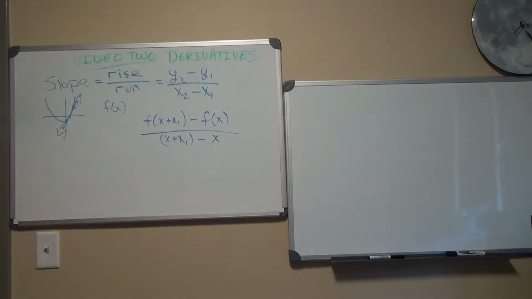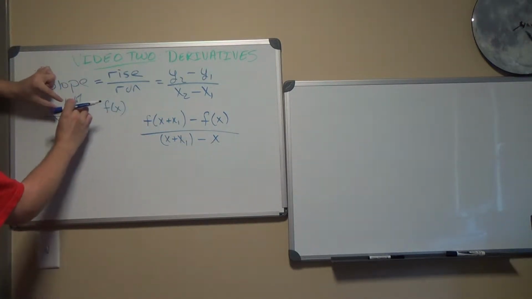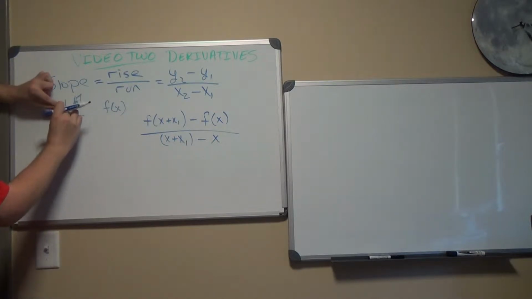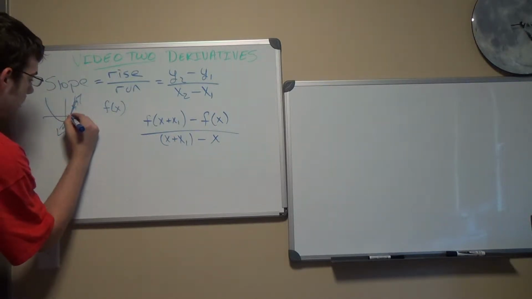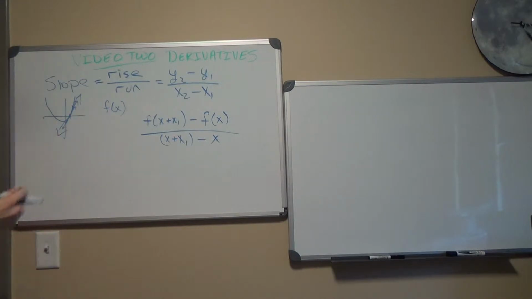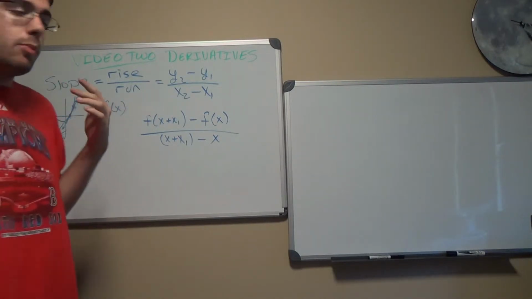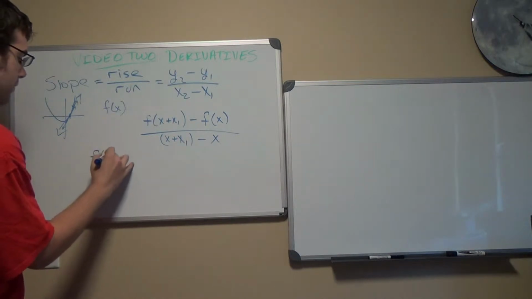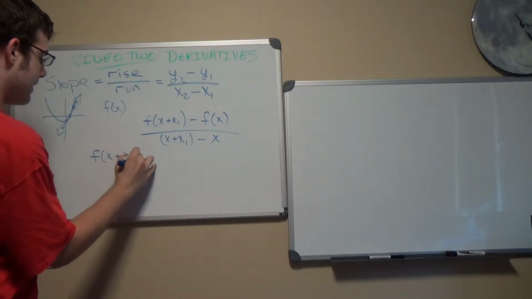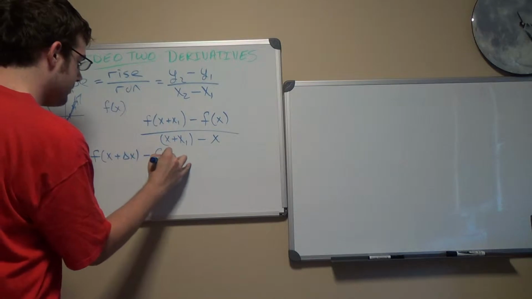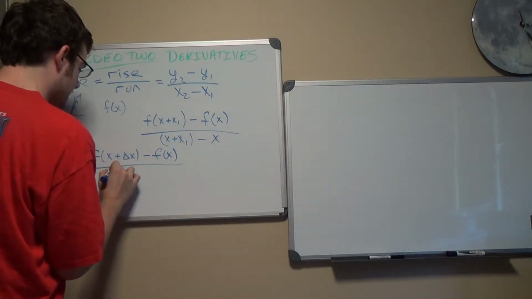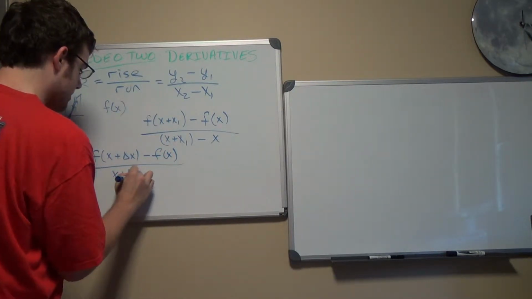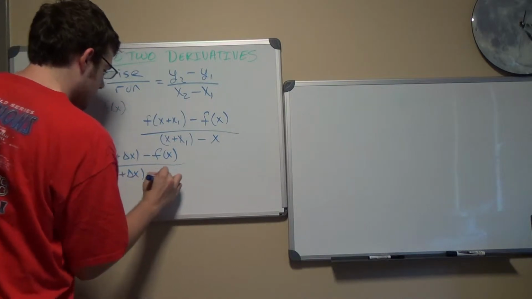Now we're going to go smaller and smaller until we're essentially measuring the slope at a point, where we have f of x plus delta x minus f of x divided by x plus delta x minus x.